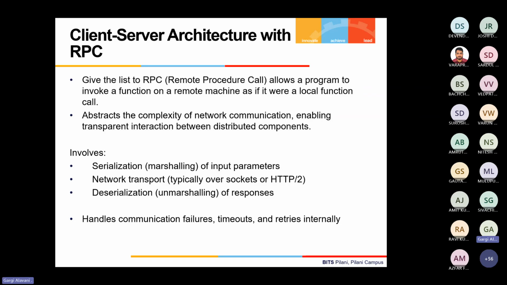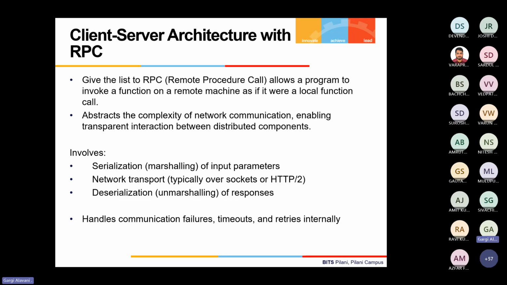It feels like writing a local function because you do not care about what is happening in the background. RPC provides you the abstraction. You just write the function that you need, the call to the server will happen, the data will be received, and you will receive the data back. This helps in better code modularity and writing reusable functions.